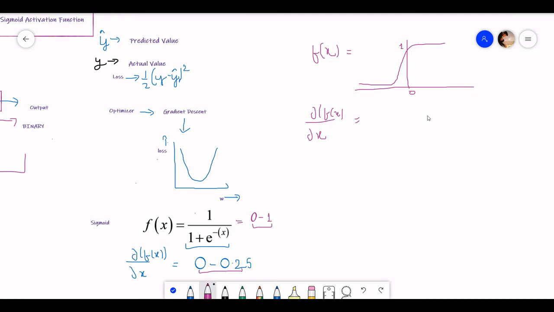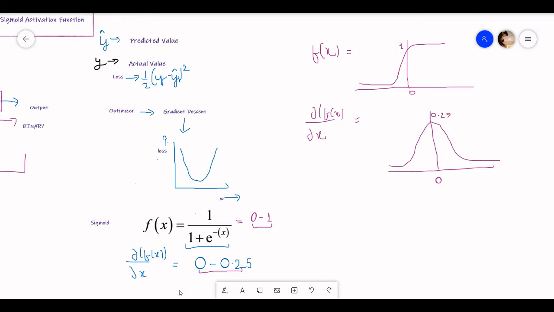So our graph should be something like that, and the range will be 0 to 0.25. So this is an introduction to the sigmoid activation function.